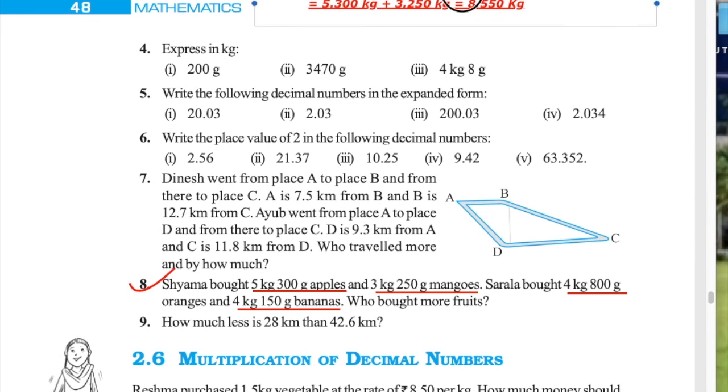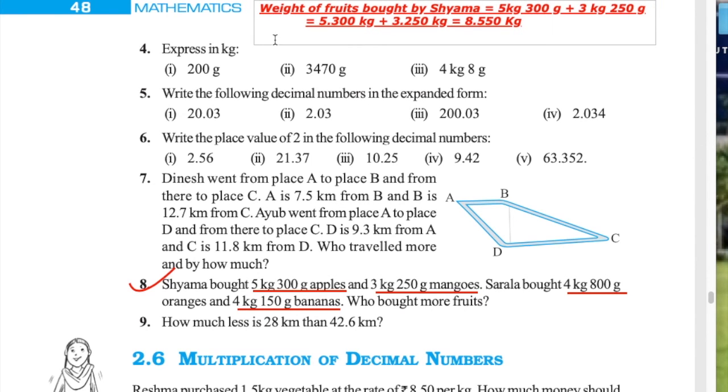Now the weight of fruits bought by Sarla is equal to 4 kg 800 gram plus 4 kg 150 gram.